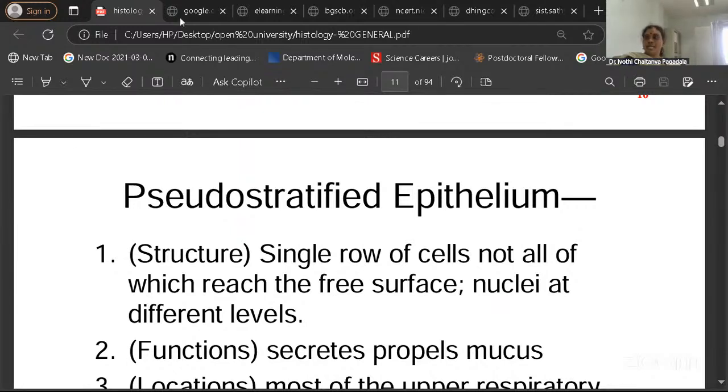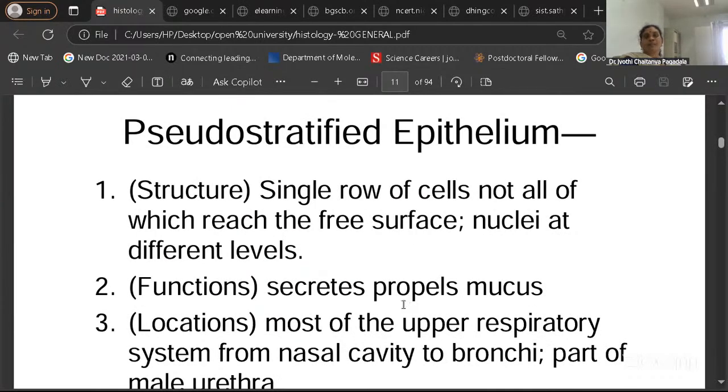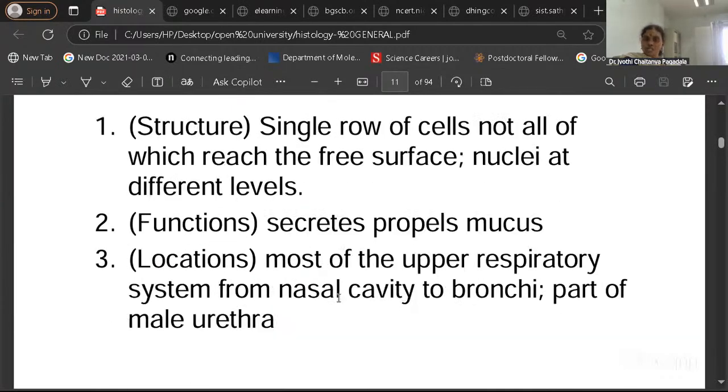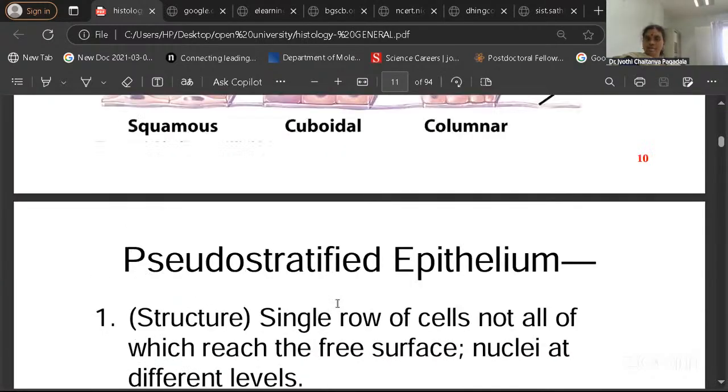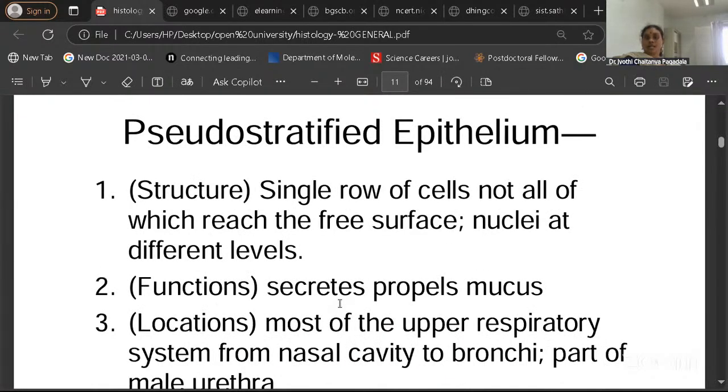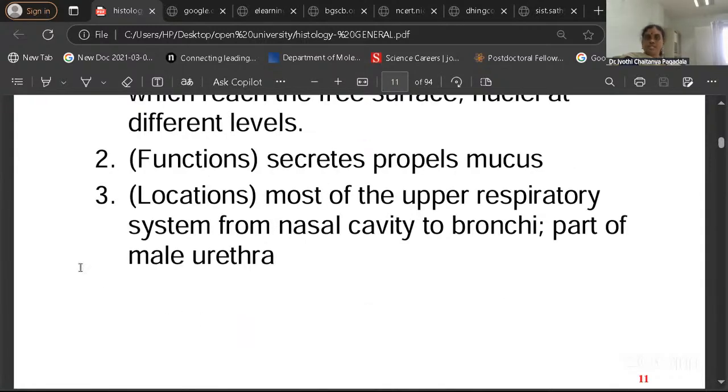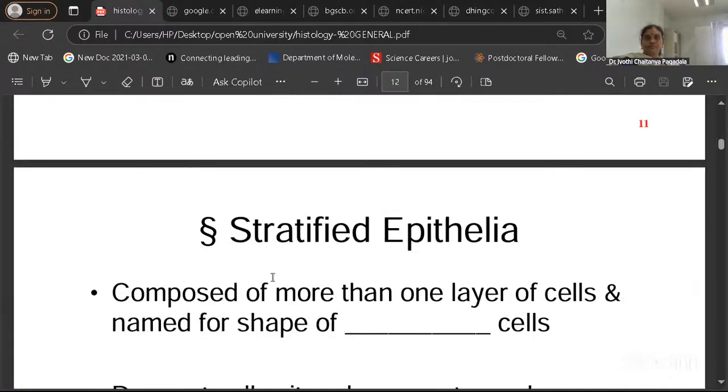When coming to the structure, it is a single row of cells, not all of which reach the free surface, with nuclei at different levels. The function of pseudostratified epithelium is to secrete and propel mucus. The location is most of the upper respiratory tract, from the nasal cavity to the bronchi, and part of the male urethra.